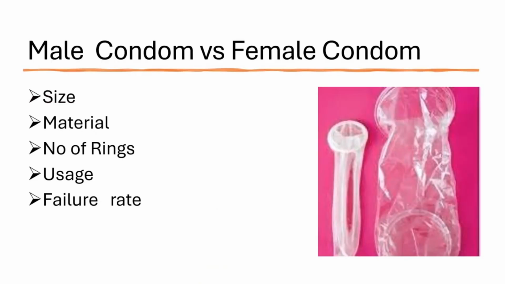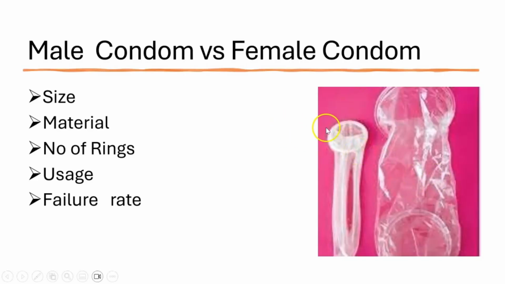So if we compare the male condom versus the female condom, we can see from here that the size of the female condom is comparatively larger when compared with the male condom. Male condom is made up of latex, while the female condom can be made up of polyurethane or nitrile polymer.